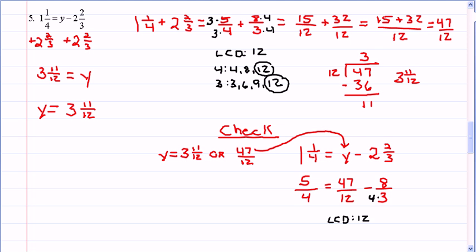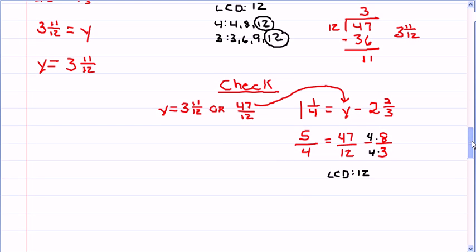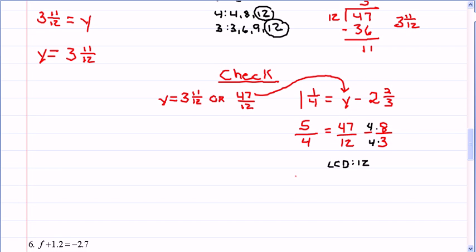So when I multiply both the numerator and denominator of 8/3 by 4, I have 5/4 equals 47/12 minus 32/12.